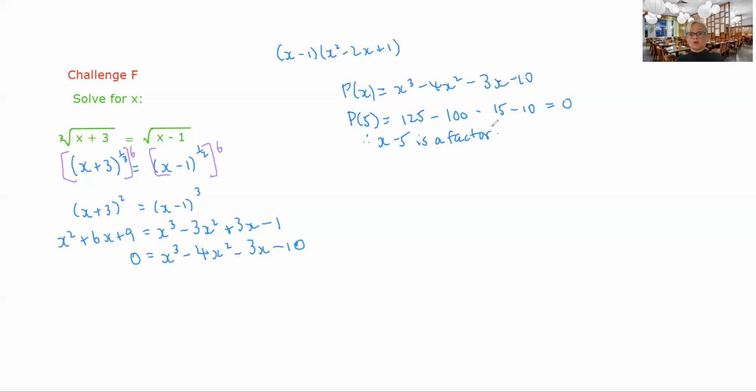So now we're going to do our division to work out what the quadratic component is, and maybe that can be factorised, maybe it can't. We'll have a look.